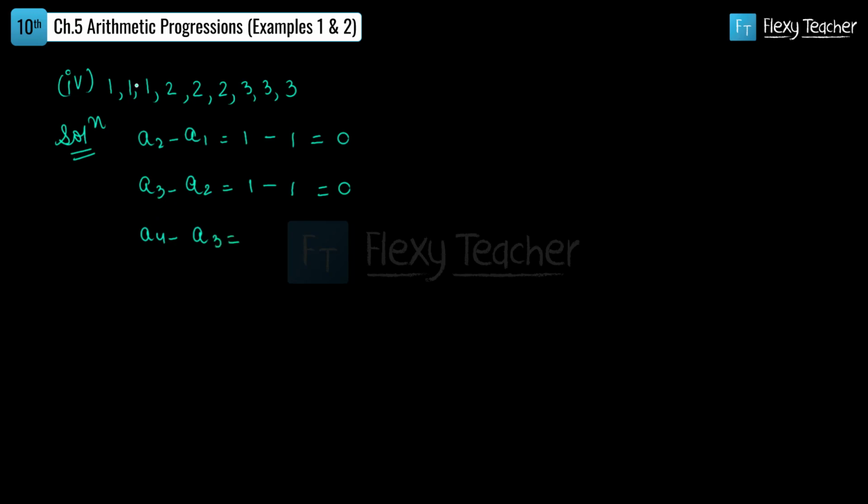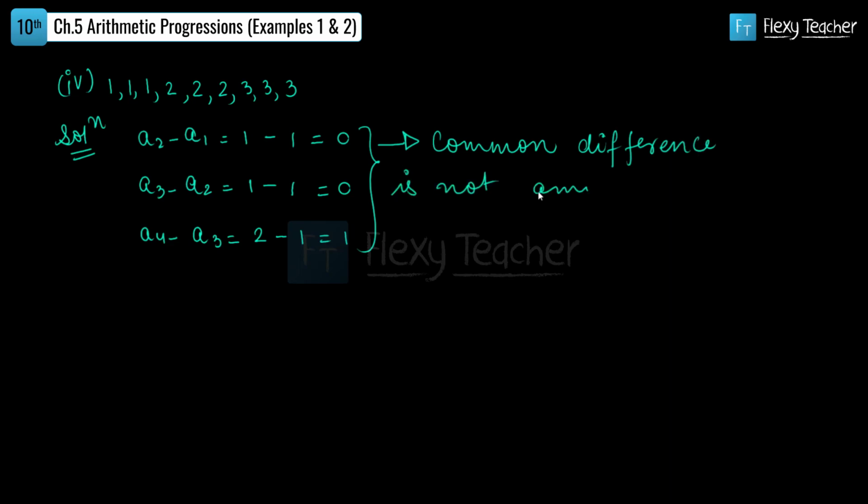A4 is 2 and A3 is 1, so this is 1. So here the common difference is not the same. Therefore the terms given are not in arithmetic progression.